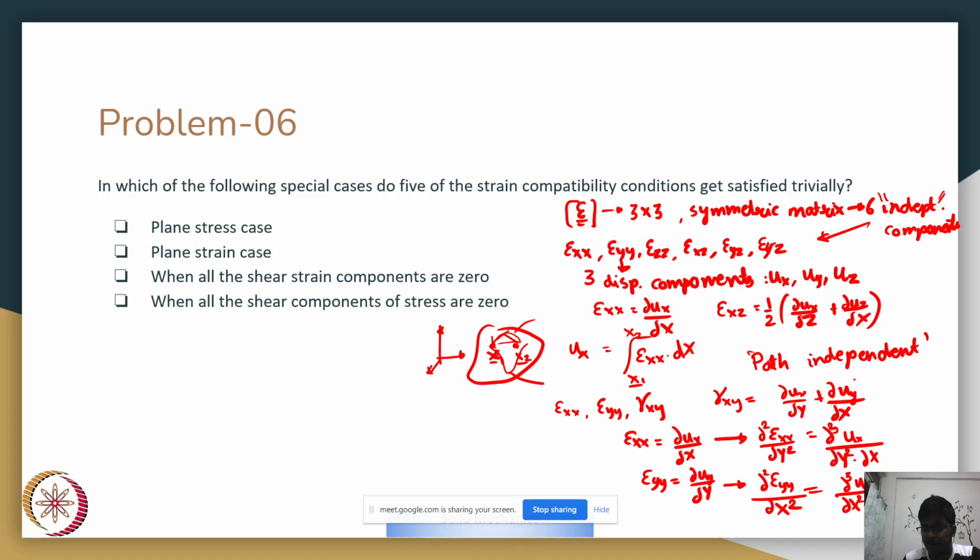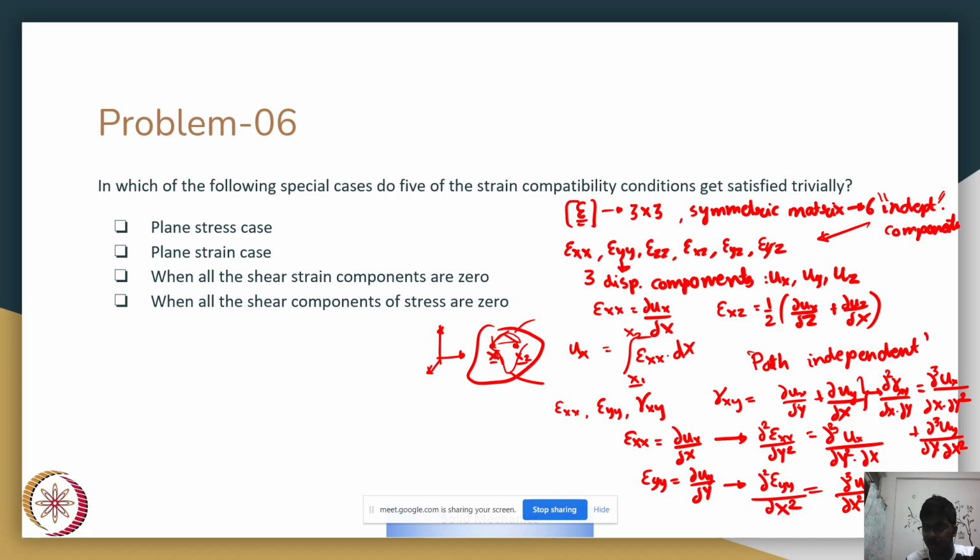And if I take a derivative of gamma xy with respect to x and y, I would get dou square gamma xy by dou x dou y. This is equal to dou cube ux by dou x dou y square plus dou cube uy by dou y dou x square.